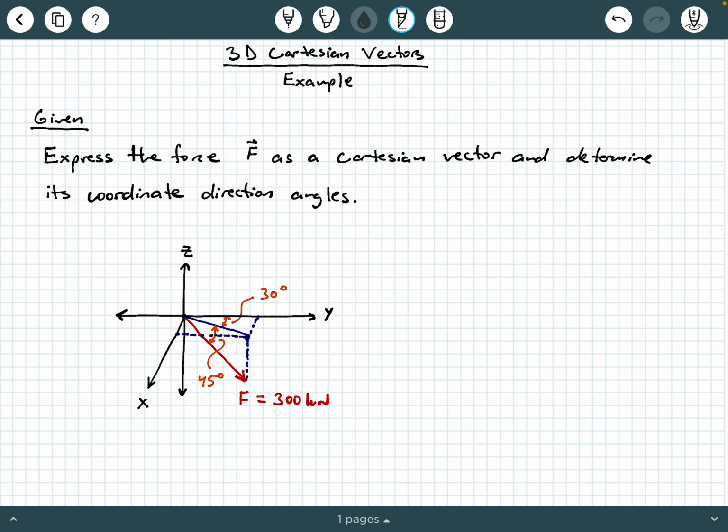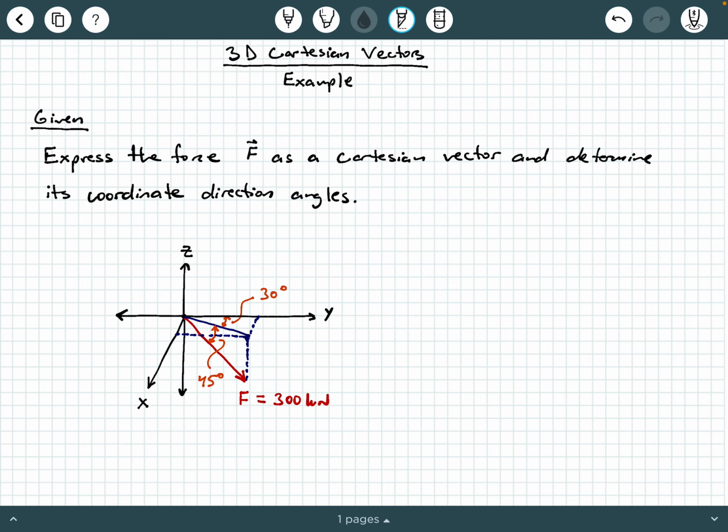We sometimes call these theta and phi. So this 30-degree angle and this 45-degree angle are not really meant to be thought of as coordinate direction angles, but as projection angles, because they come from projecting this vector F into one particular plane, in this case the xy plane, and then decomposing it into its three components from there.